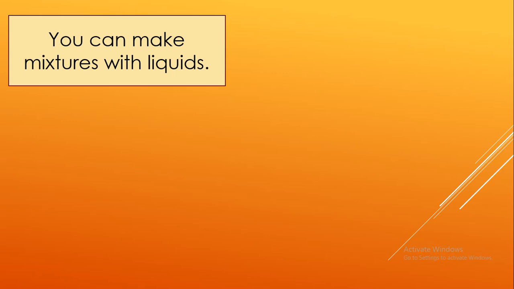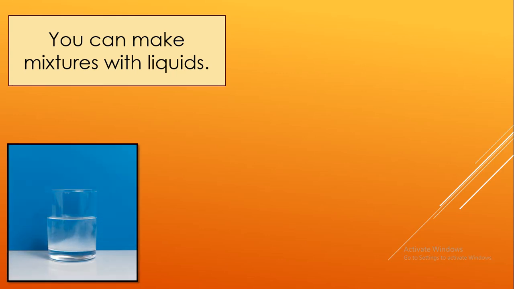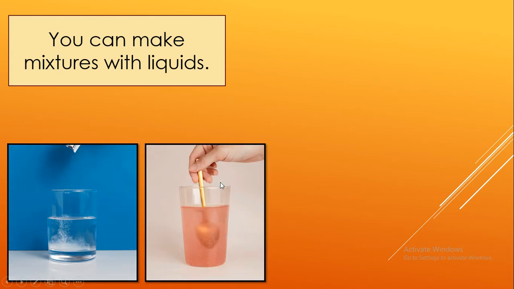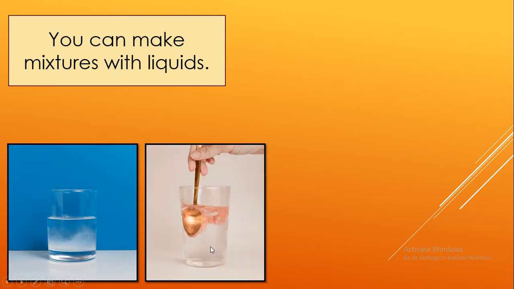Now you can make mixtures with liquids too, right? Let's take an example. If you put some salt with water, it will mix completely with water. That means it will dissolve in water. This juice powder, if you add it to water, it will mix completely with water.